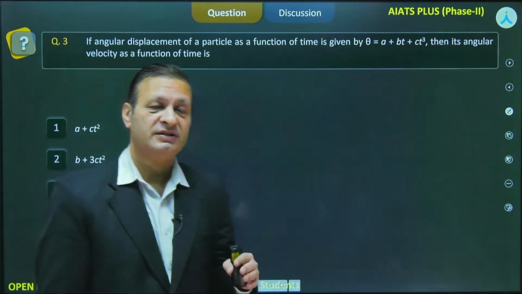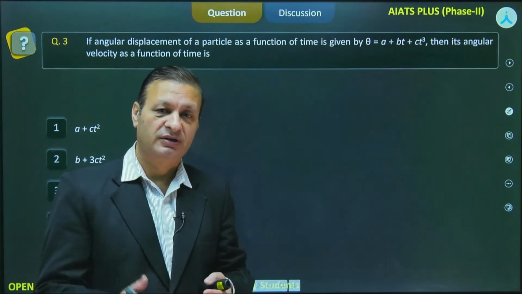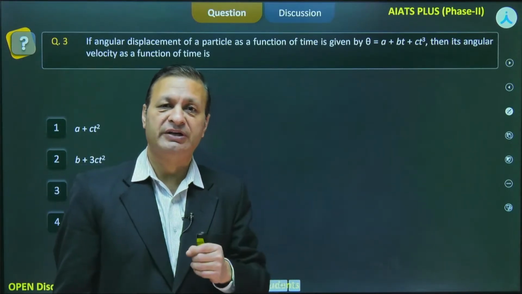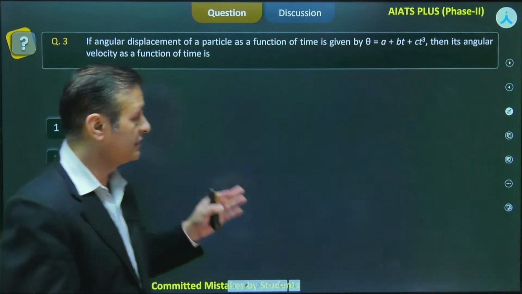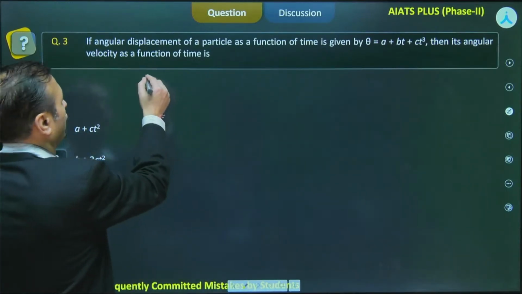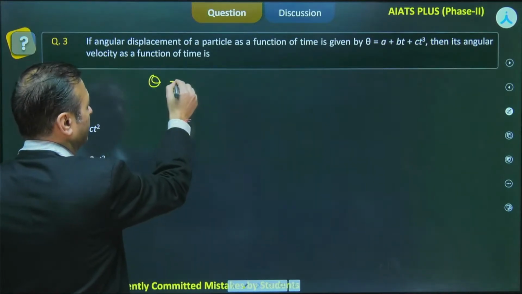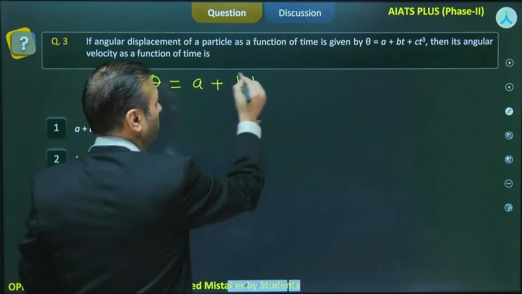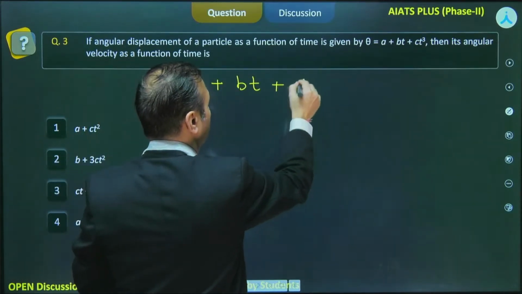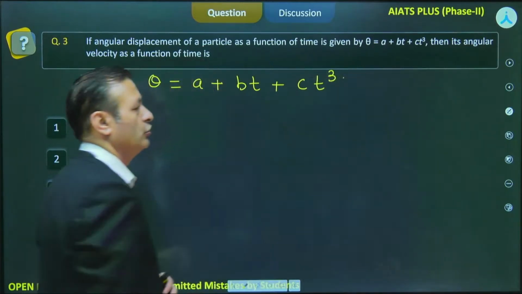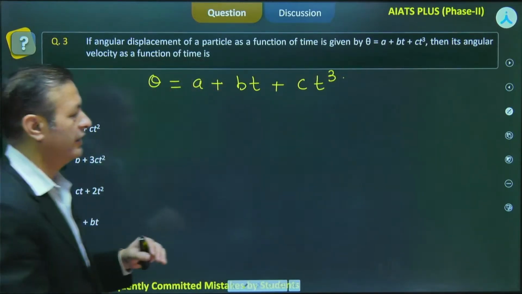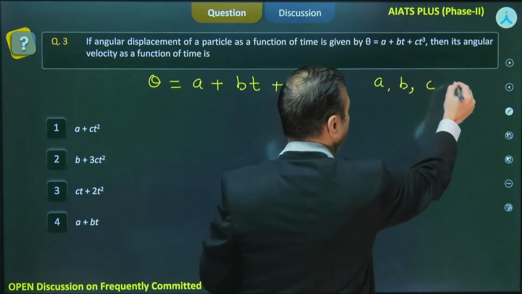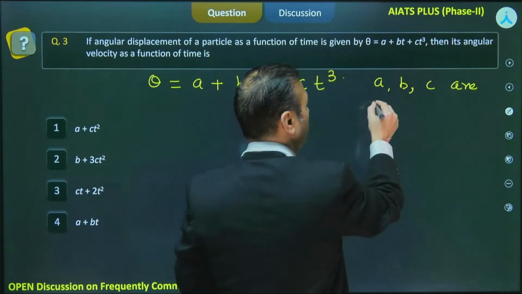Now the best part is, this is what we have just covered in the very first question when we understood the concept of angular speed or angular velocity. Now the same question is there in a different format. So your angular displacement is given to you as a plus bt plus ct cube.